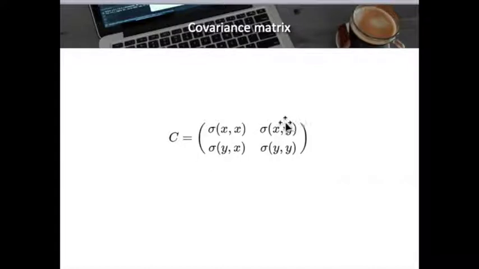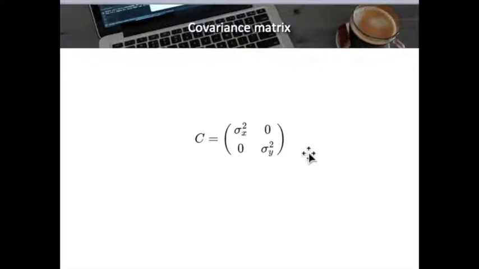And then along the off-diagonal we get our covariance values. So the covariance matrix is sometimes called the variance-covariance matrix, because it contains the variances of the data set as well.